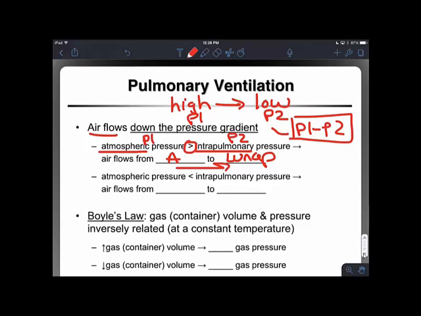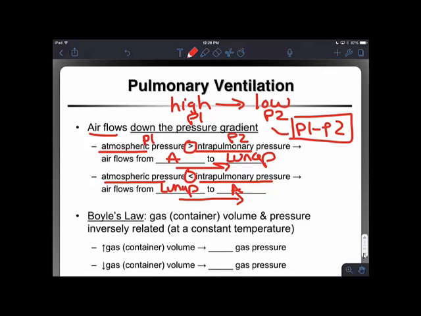On the other hand, if the pressure in the lungs is greater than the pressure in the atmosphere, we're going to have the reverse. We're going to have air flowing from the lungs out into the atmosphere, because again, it's going to flow from where it's higher to where it's lower.